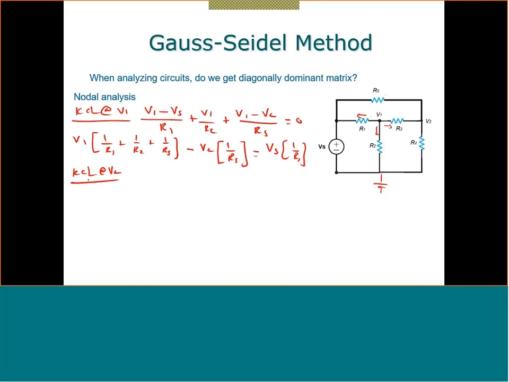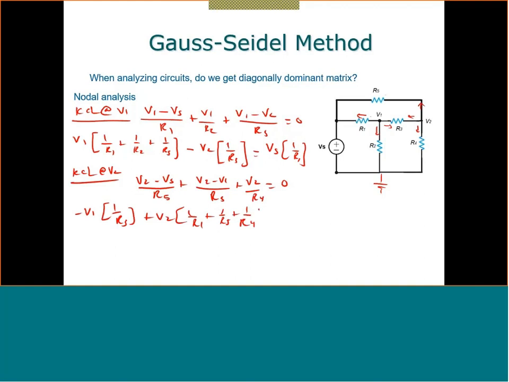So it is V2 minus Vs divided by R5 plus V2 minus V1 divided by R3 plus V2 over R4 equal to 0. I will do exactly the same thing. So it's minus V1 times 1 over R3 plus V2 times (1 over R3 plus 1 over R5 plus 1 over R4) equal to Vs times 1 over R5.